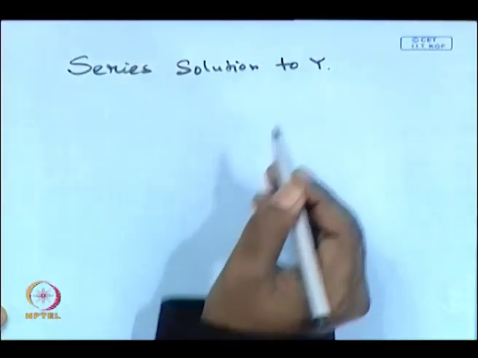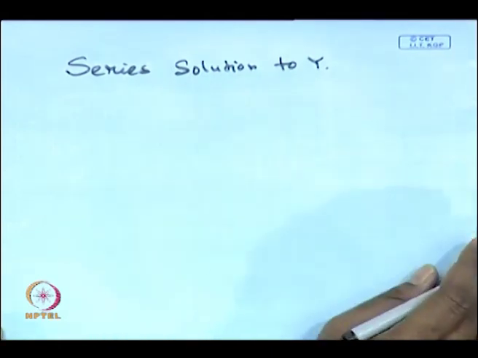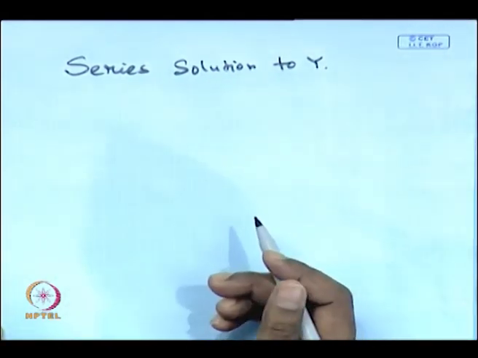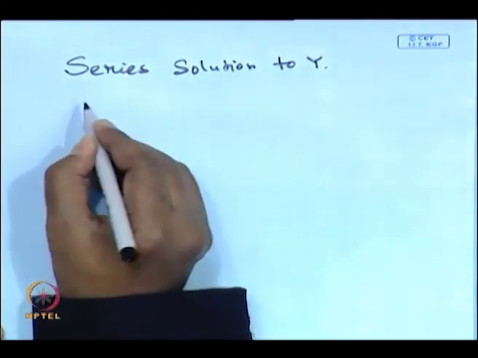So one can get a series solution to the y varying part, and I am not doing that exercise here because I do not want to get into that involved mathematics, as our purpose is something else. So I am just writing the overall solution in concentration.